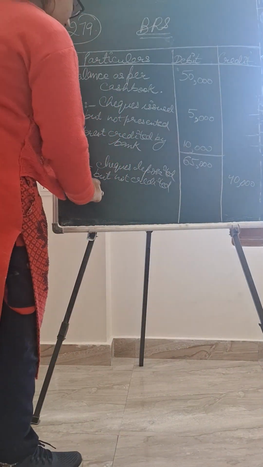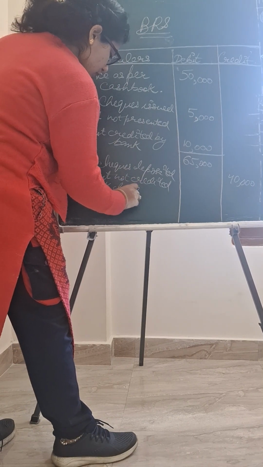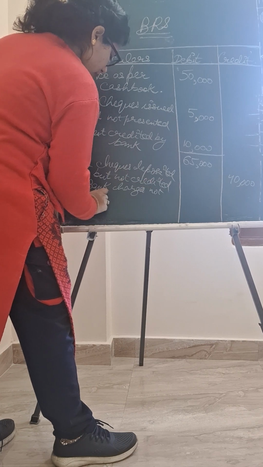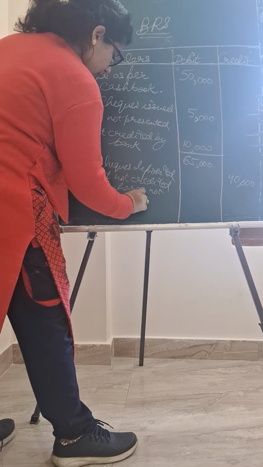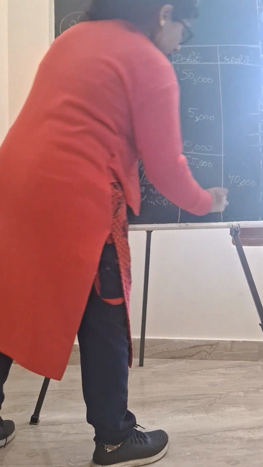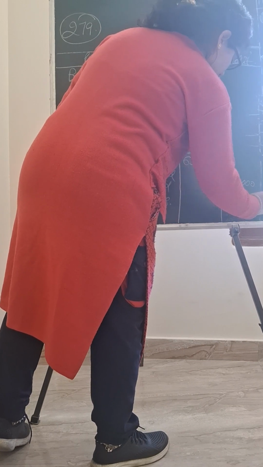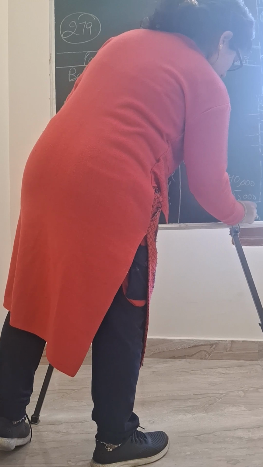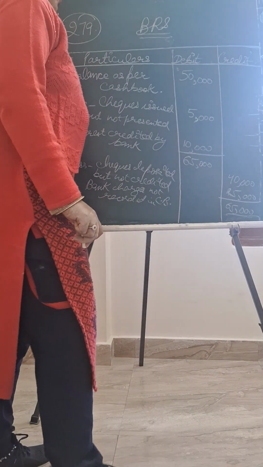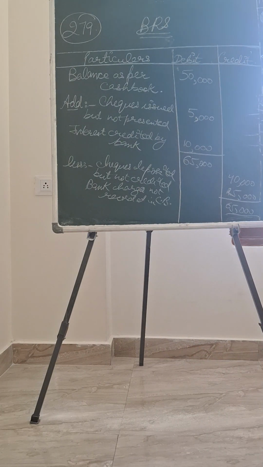Then there are bank charges not recorded in cash book, that is 25,000. So the two sides balance equally, 65,000 and 65,000.